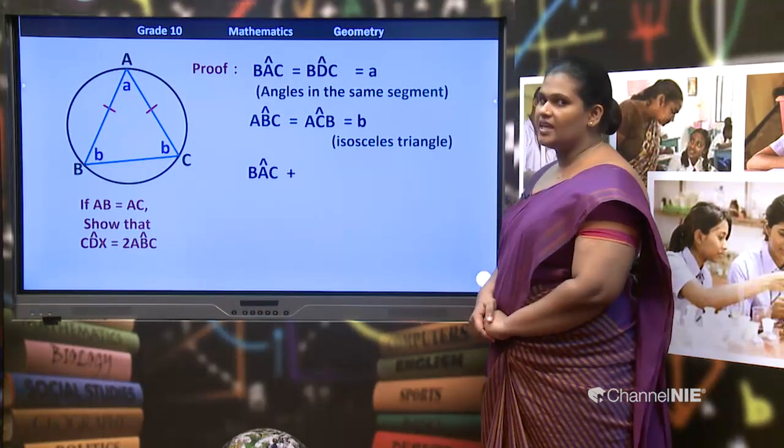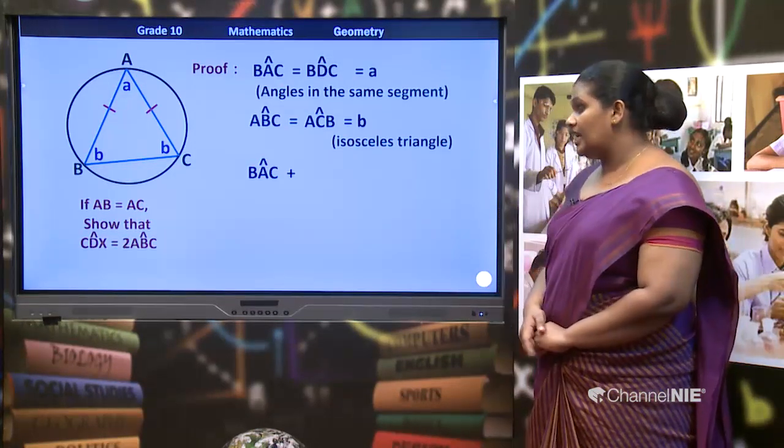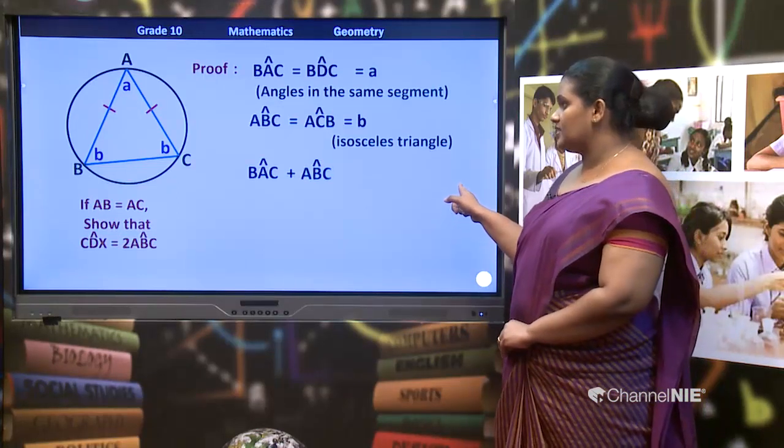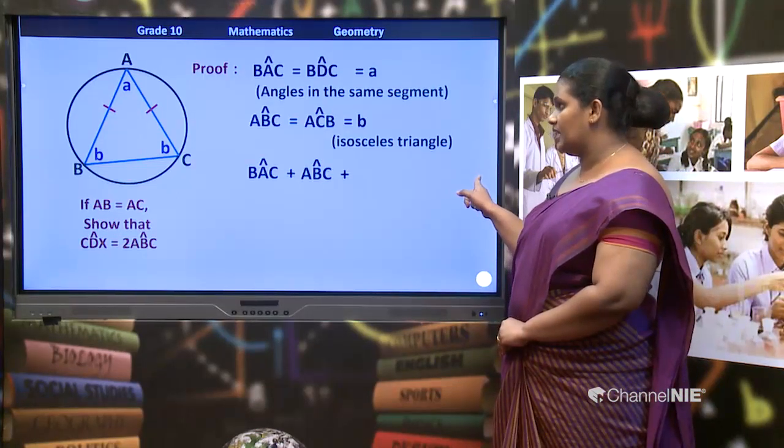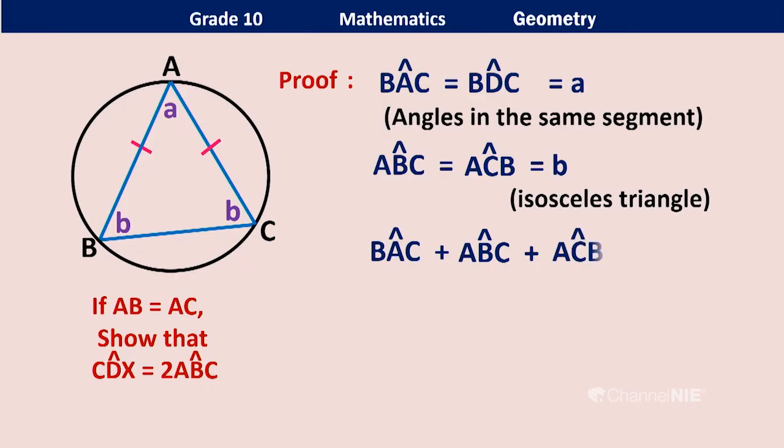Therefore, we can say angle BAC plus angle ABC plus angle ACB is equal to 180 degrees.